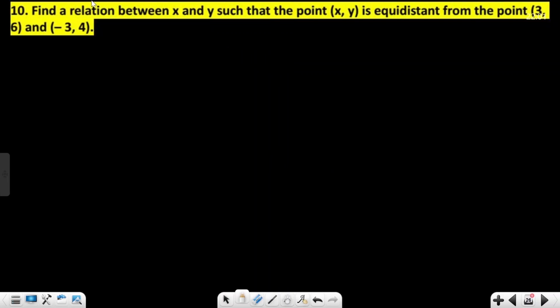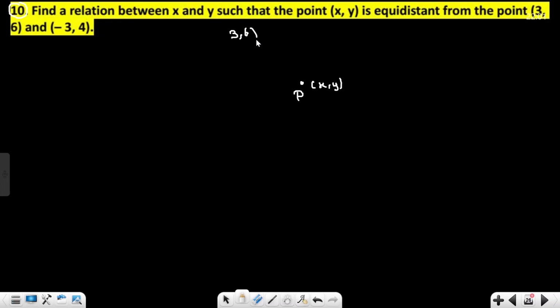Let's move on to question number 10. With the same kind of question, similar to the previous question. Find the relationship between x and y such that the point (x, y), one point here, x and y, give it a name. Suppose this is point P. It is equidistant from one point, which is 3, 6.